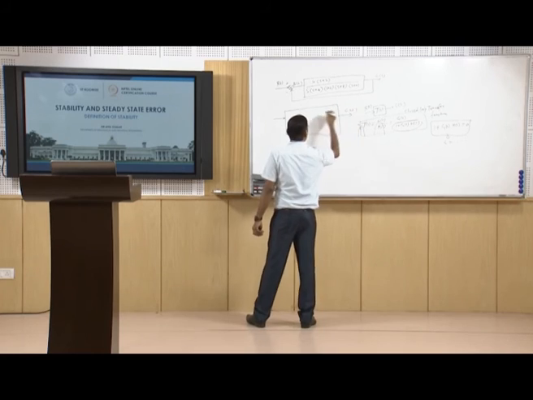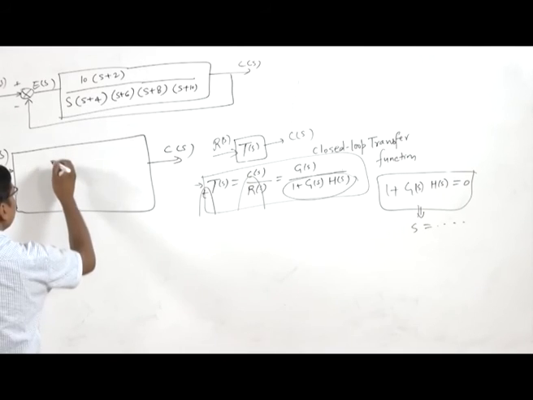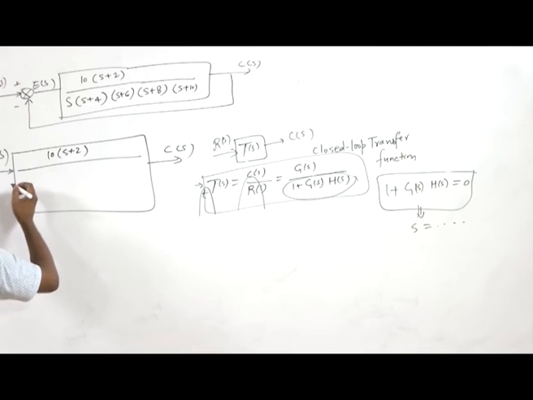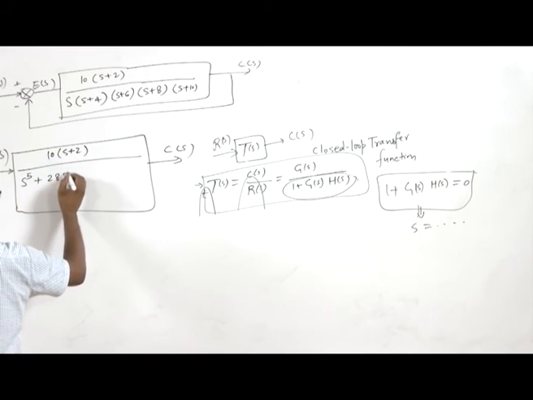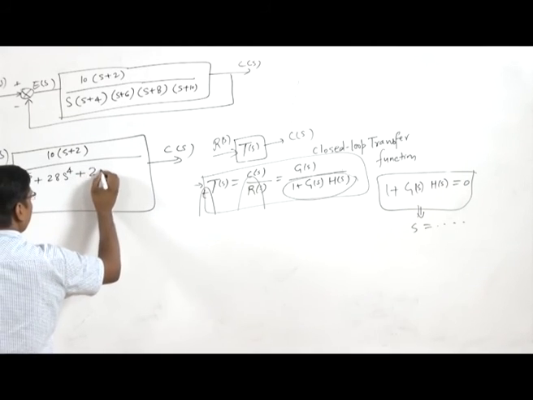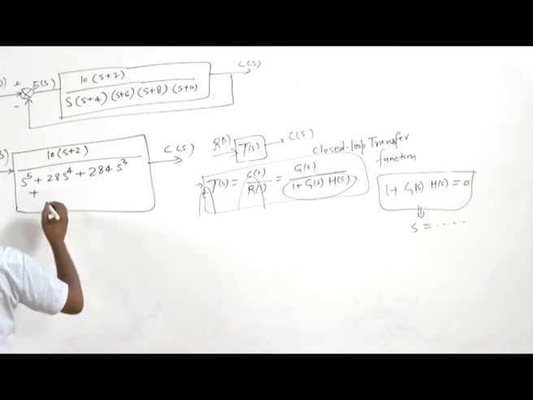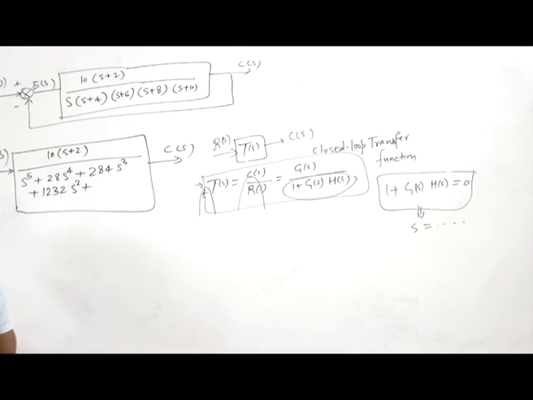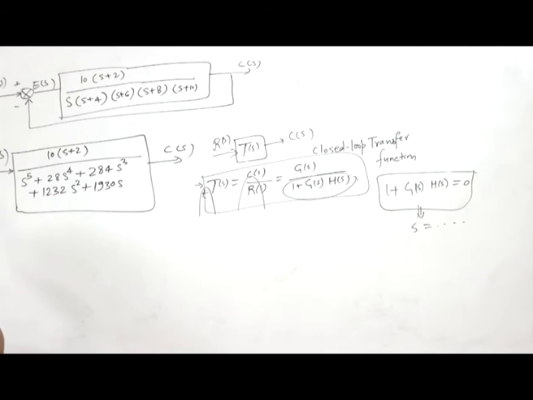Here is C(s), R(s), and when we calculate this, we will find 10 (s plus 2) upon s power 5 plus 28 s power 4 plus 284 s cube plus 1232 s square plus 1930 s plus 20.